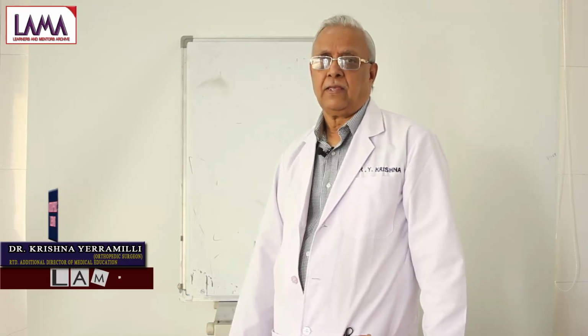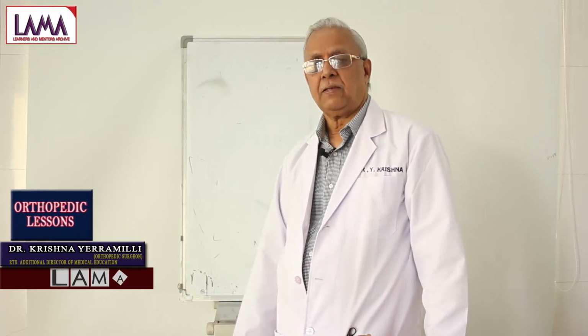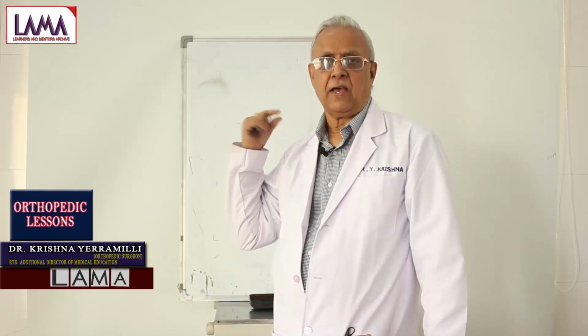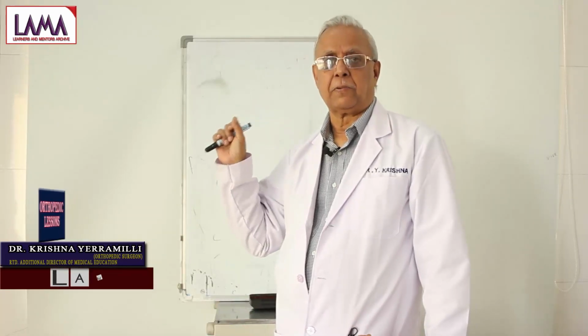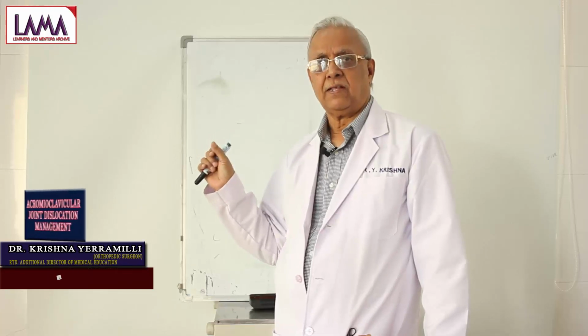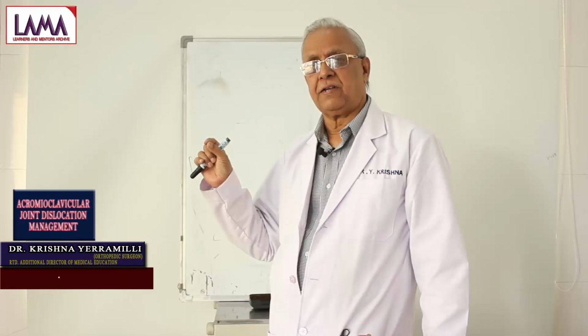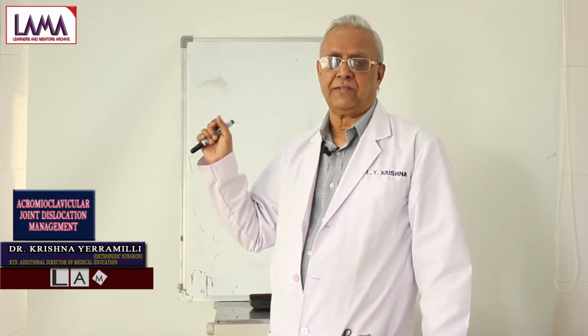After confirming it, the treatment for acromioclavicular joint injury all depends upon how early the patient comes to us. Usually the patient will think that there is no fracture, because people can't make out the dislocation except for the prominence of the outer end of the clavicle. There won't be much else. So even if they take the X-ray, people may not be in a position to understand the dislocation of the clavicle and they leave it alone.